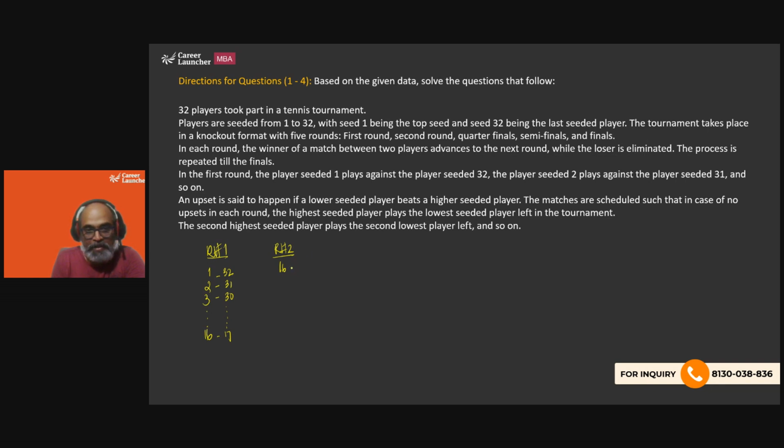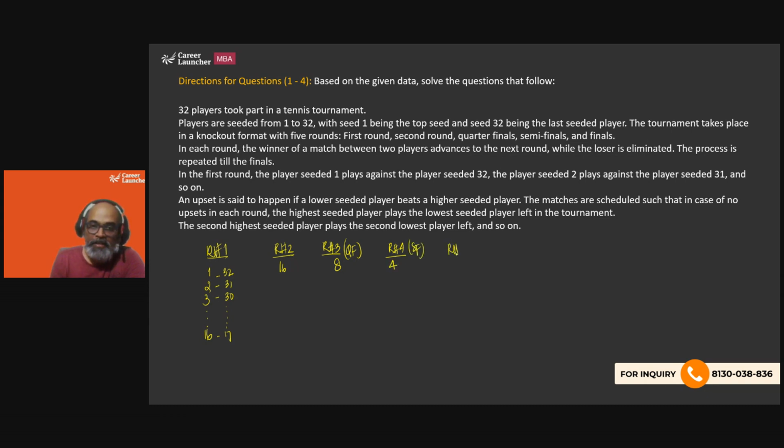go back home. Now, from these 16, half of those will move over to the next round, which is the third round, also known as quarterfinals as per this set. So there are going to be 8 players. Now, in round number 4, there are going to be semi-finals where only 4 players will be here.